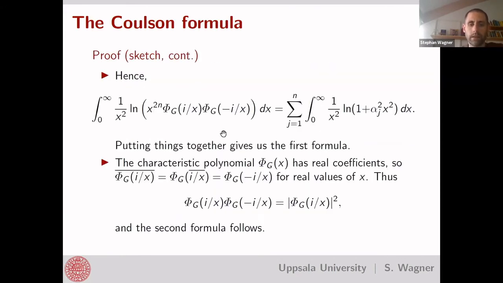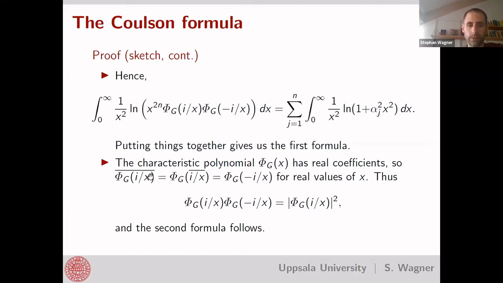What one needs there is that the characteristic polynomial has real coefficients, so conjugation can be moved inside. The conjugate of the characteristic polynomial at i over x is the characteristic polynomial at minus i over x. And so you can take that and combine that to show that this product is in fact the absolute value here squared.